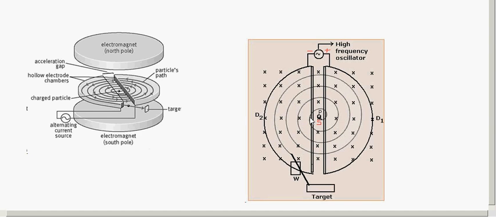Now in the construction we have seen that inside this metal D-shaped segment the ion is acted only by the magnetic field, because the metal segment is shielded such that the particle or the ion inside this metal D-shaped segment is acted only by the magnetic field.